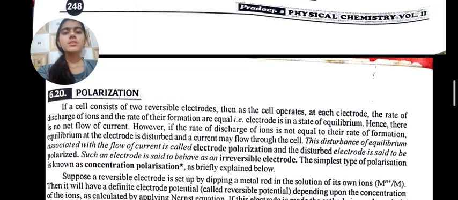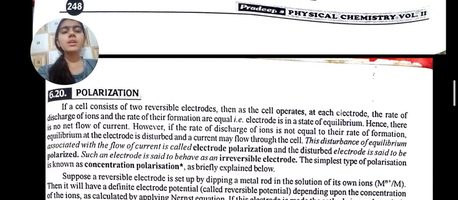If a cell consists of two reversible electrodes, then as the cell operates, at each electrode the rate of discharge of ions and the rate of their formation are equal. That is, the electrode is in a state of equilibrium. Hence, there is no net flow of current.